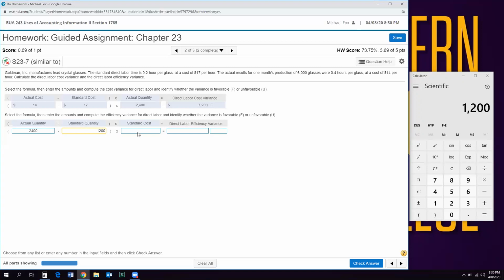And then our standard cost, which is 17, equals our direct labor efficiency variance. So 2,400 minus 1,200 times 17. Oops, something's not right there. Let's see. 2,400 minus 1,200 times 17 is 20,400.